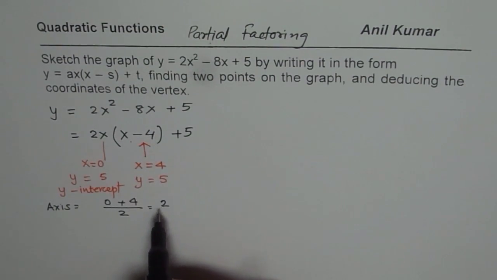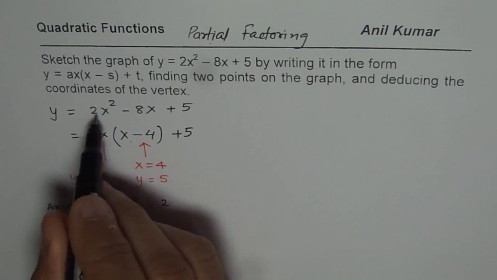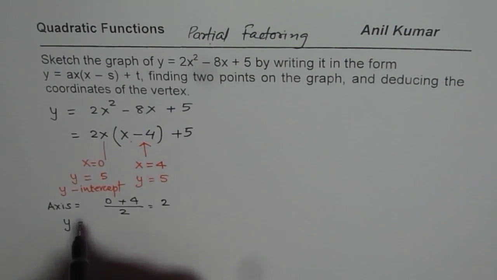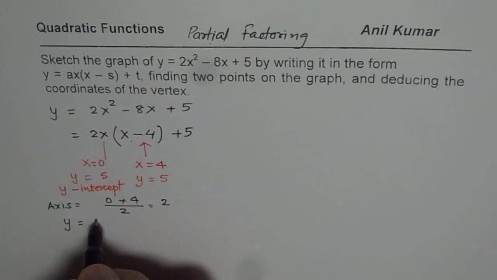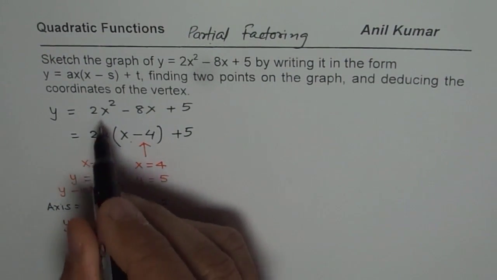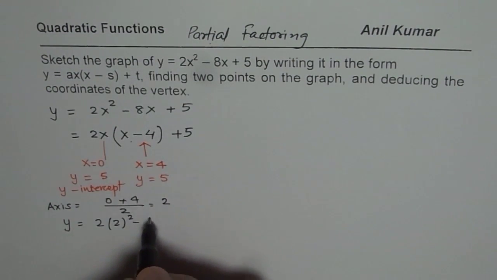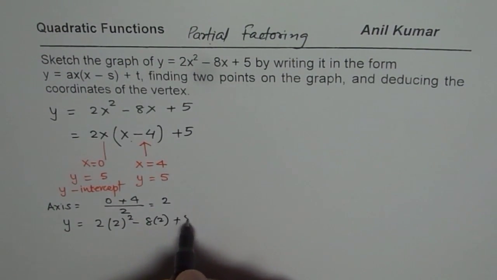To find the maximum or minimum, which will always be on the axis, we can substitute 2 in the equation. So y equals, substituting 2 here, we get 2 times, or in this equation, as you wish. So let's substitute in the original equation, 2 times 2 squared minus 8 times 2 plus 5.